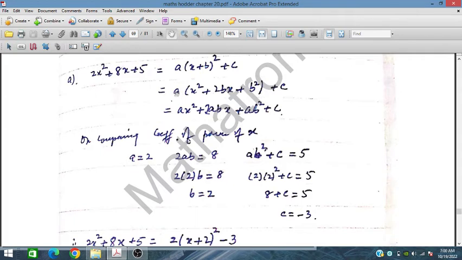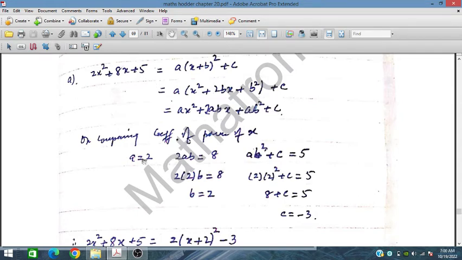We multiply with this a, so this is ax square, this is 2abx, and then ab square plus c. Now compare coefficients. So a is equal to 2, easily visible, and 2ab is equal to 8, and ab square plus c is equal to 5.